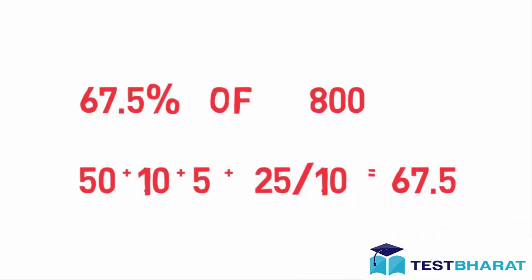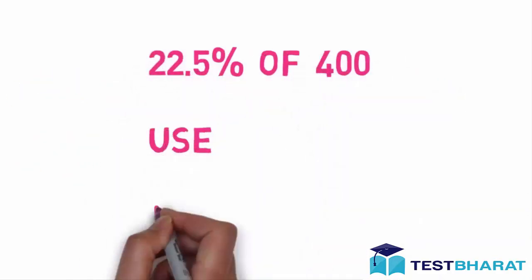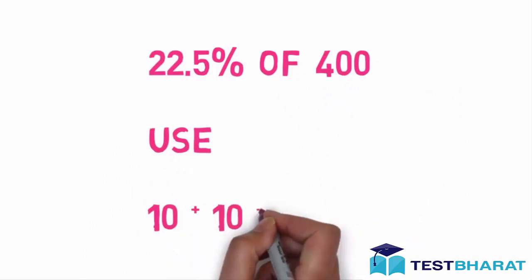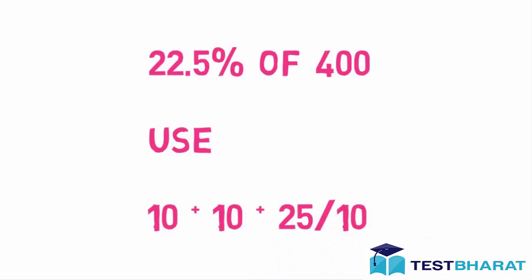So you can calculate 67.5%. What about 22.5% of 400? Now use 10 plus 10 plus 25 by 10. So this is 22.5%. All these problems you can solve yourself, and in the comments you can post the answers.